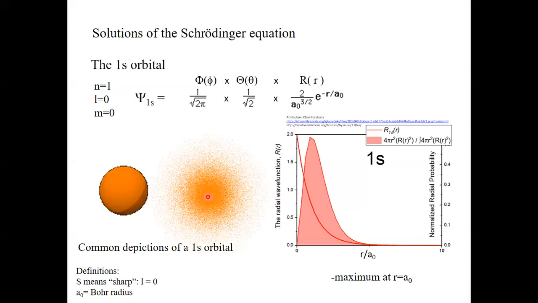And you see the density of these points is the highest directly at the nucleus, and then the density of points becomes smaller and smaller, as we go further away from the nucleus.